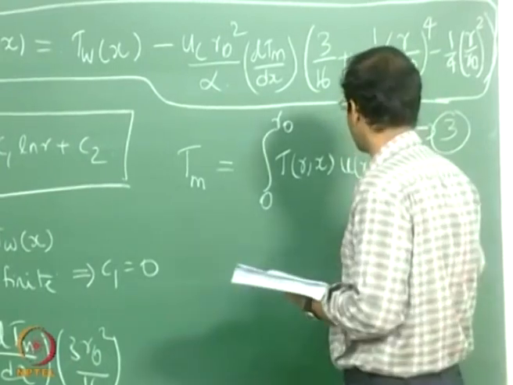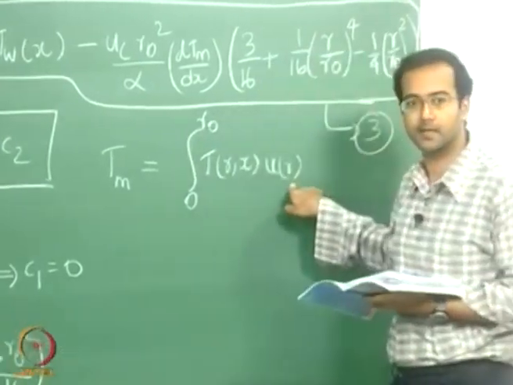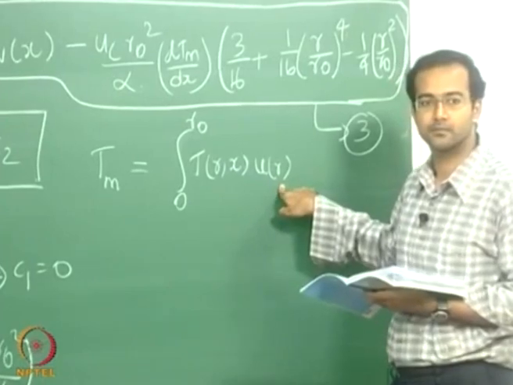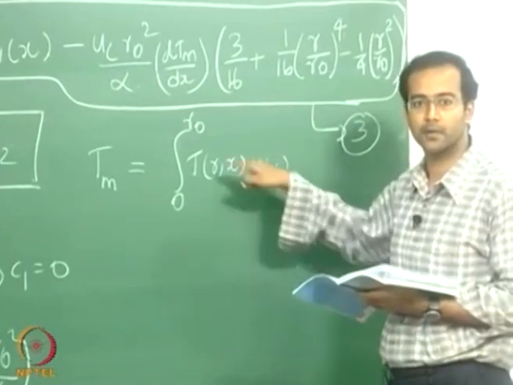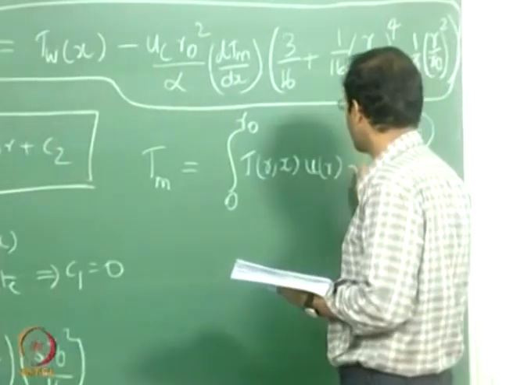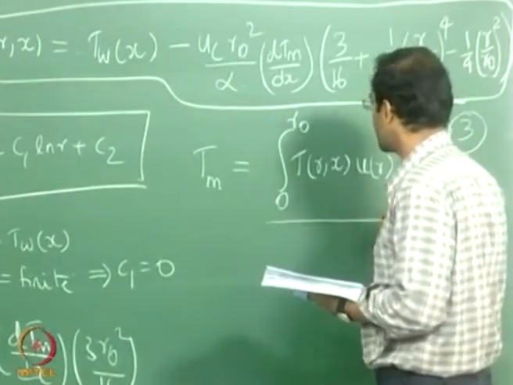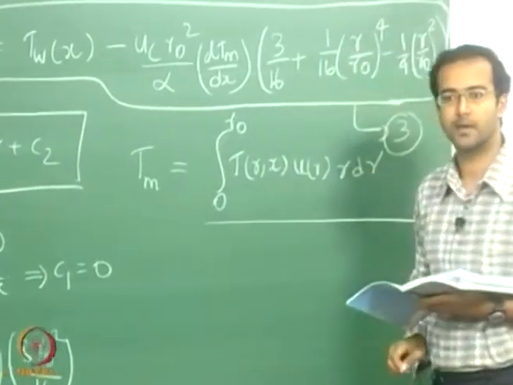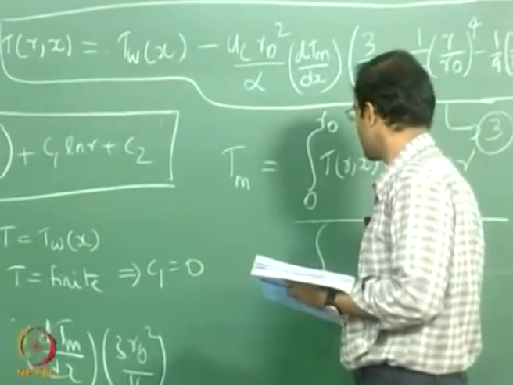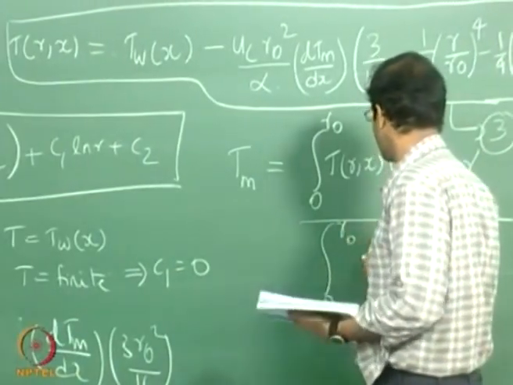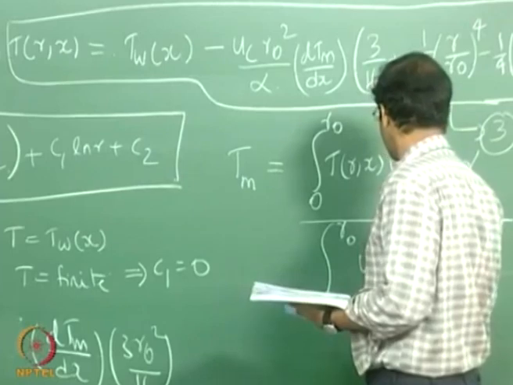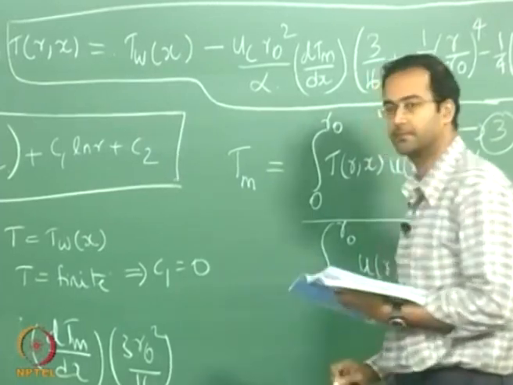And what is the differential area? 2 pi r dr. 2 pi cancels in the numerator and denominator, you have r dr. In the denominator it has to be divided by the mass flow rate. So 0 to r naught, you have U of r into r dr.